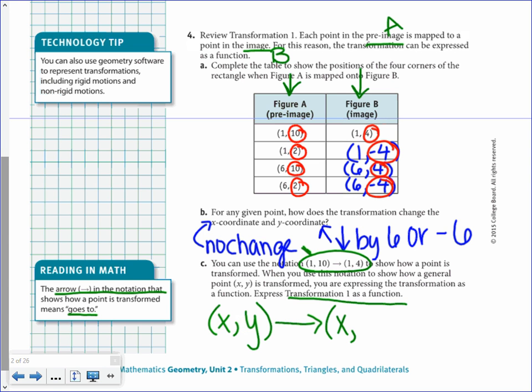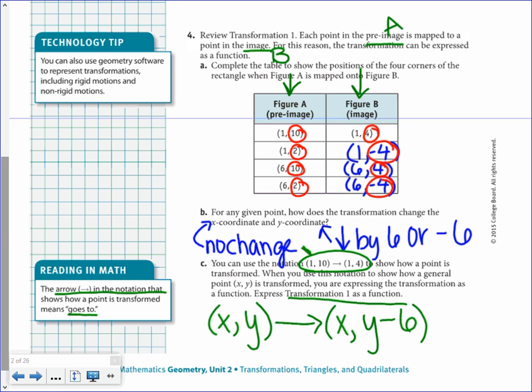The y does change. We just said it went down by 6. We subtract 6. So whatever our y starts as, when it gets transformed, it's going to decrease by 6. So that's how you would write that notation for that mapping function.